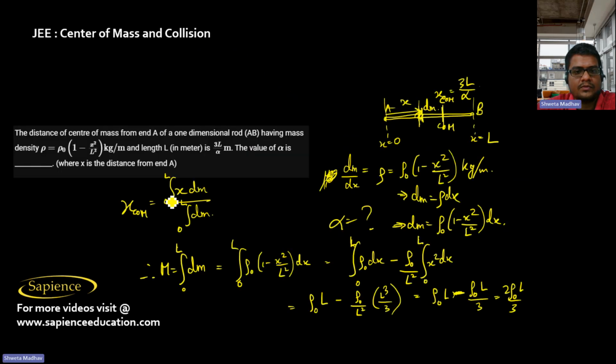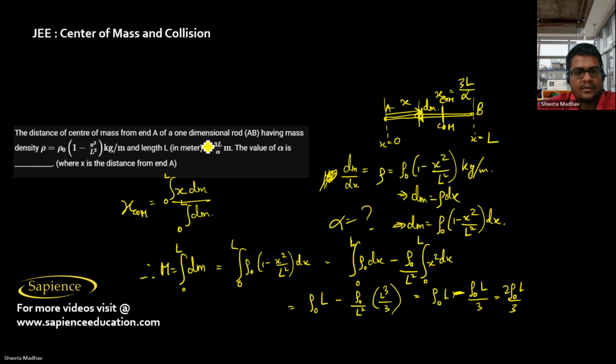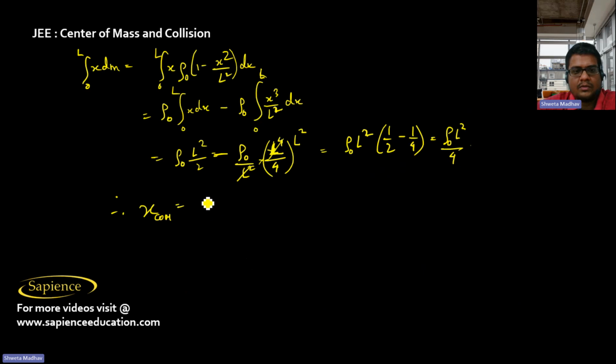So therefore the x coordinate of the center of mass of the rod will be equal to integral x dm, that is rho naught L square by 4, divided by 2 rho naught L by 3.